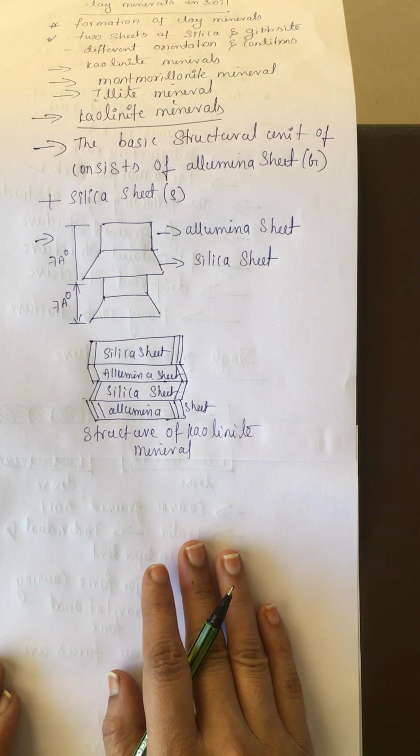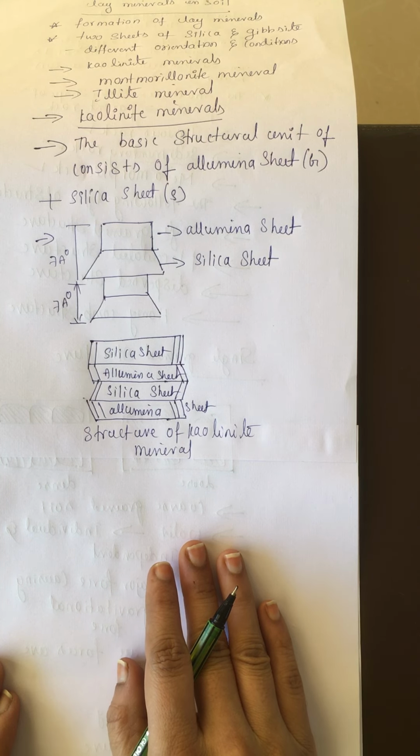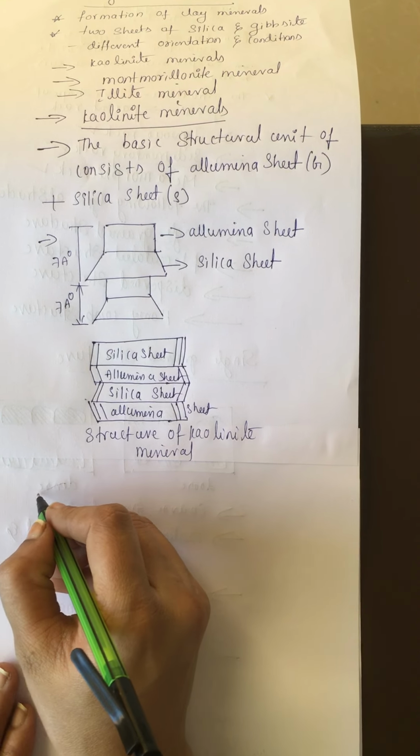So tips of the silica sheet and one base of the alumina sheet form a common interface. How has it been formed?